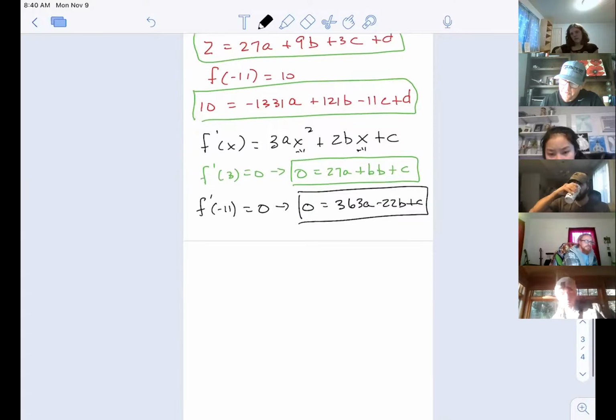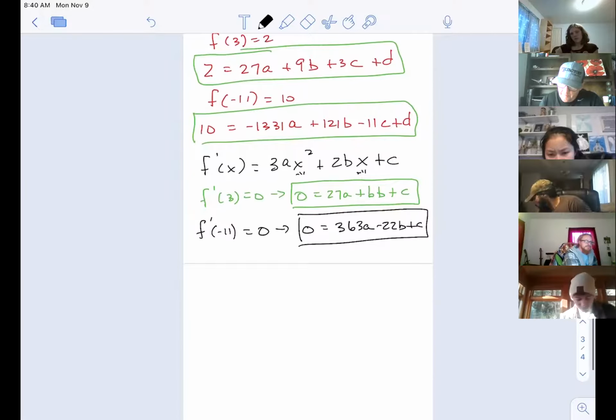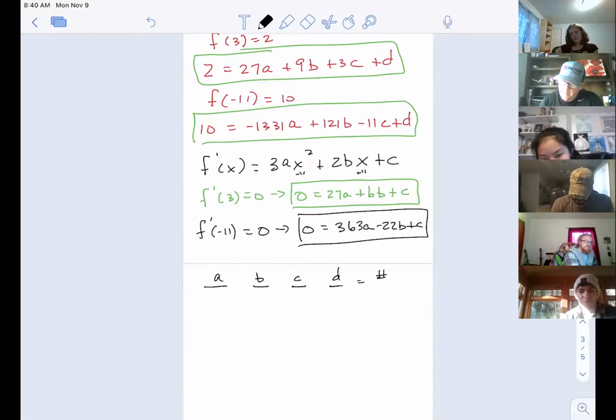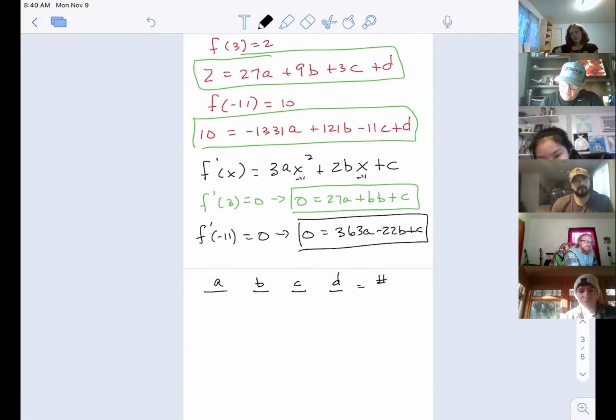So just so that you understand what I'm sticking in the matrix, this is going to be my A column, my B column, my C column, my D column, and then kind of my equal sign. There's some number over there. So for that first equation, I have 27A, 9B, 3C, and then 1D. There's a 1 in front of it, and that equals 2.